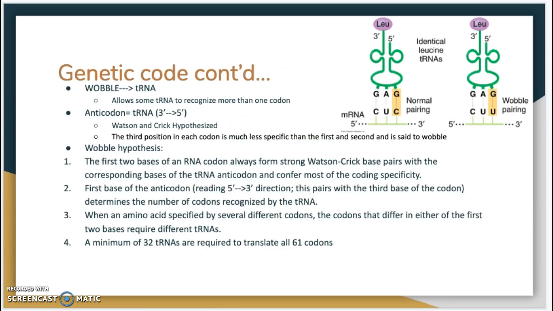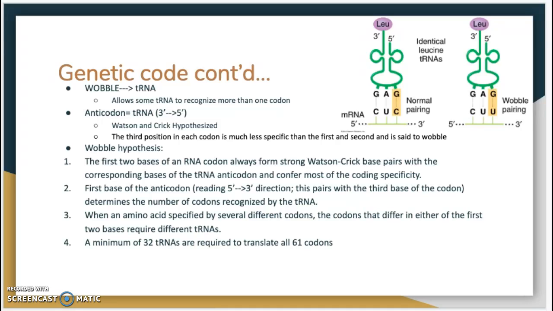So Watson and Crick hypothesized this phenomenon called wobble. Essentially, the first 2 bases of the RNA codon are always going to be your straightforward guanine, cytosine, adenine to uracil.